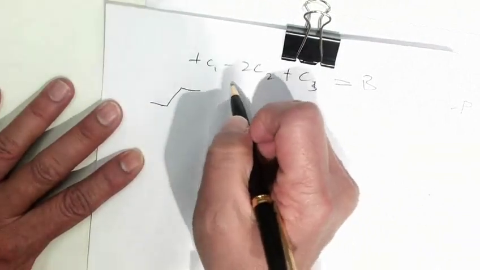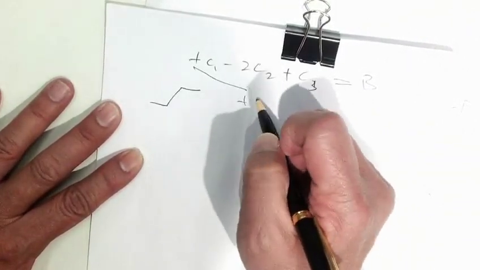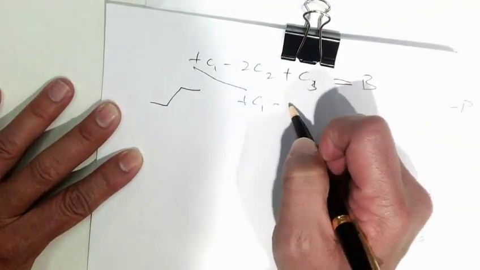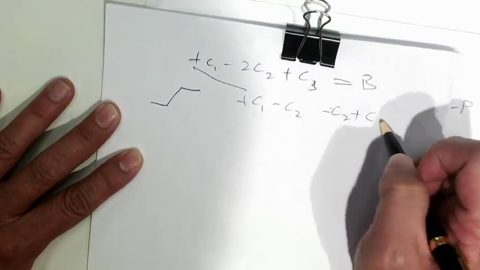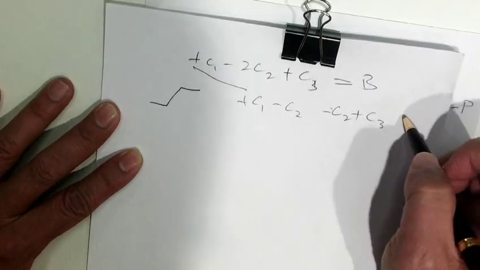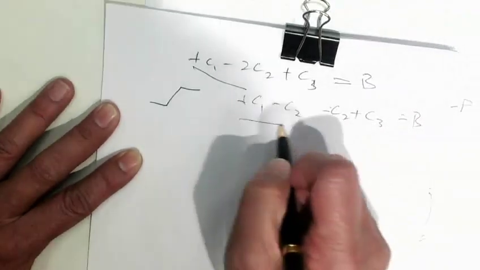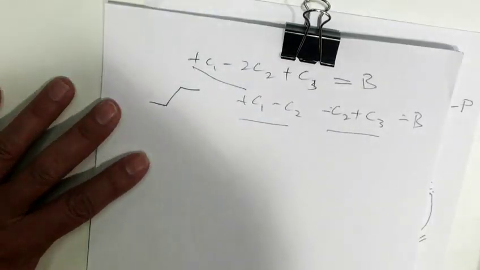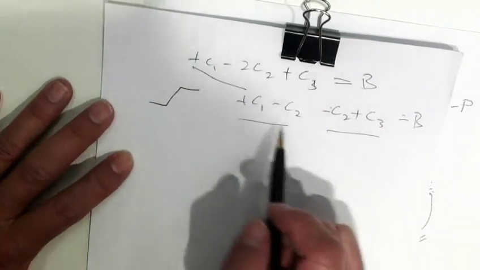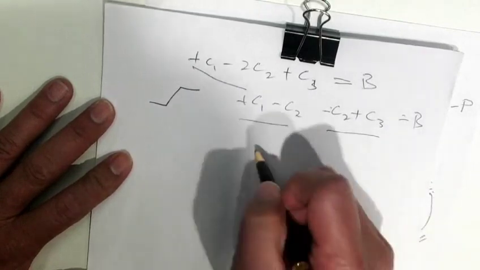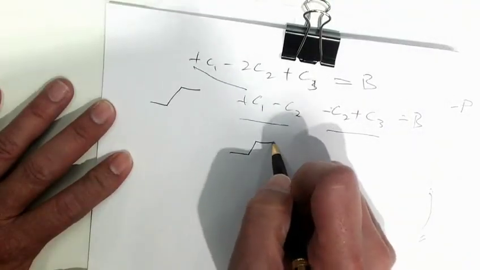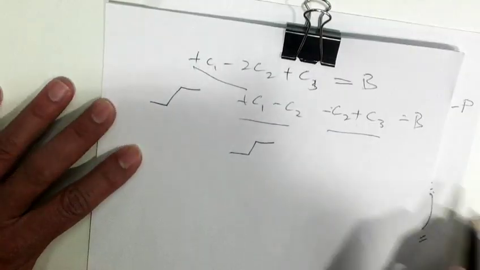Now if you split this into long 1 minus C2 and minus C2 plus C3, this also gives you a butterfly, right? But you split it into two components, right? So if you split into two components, what is this and what is this? This becomes a bull spread, right? And what is this?